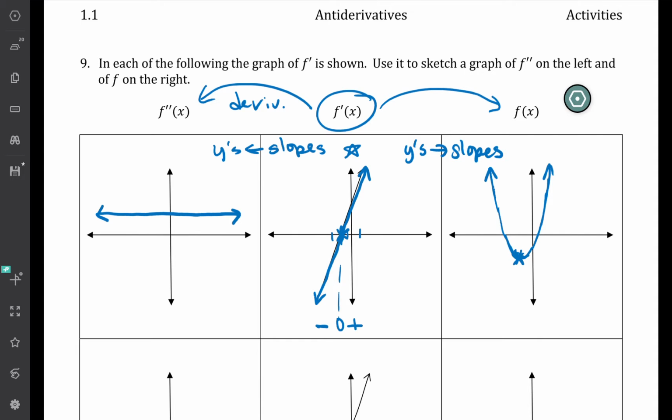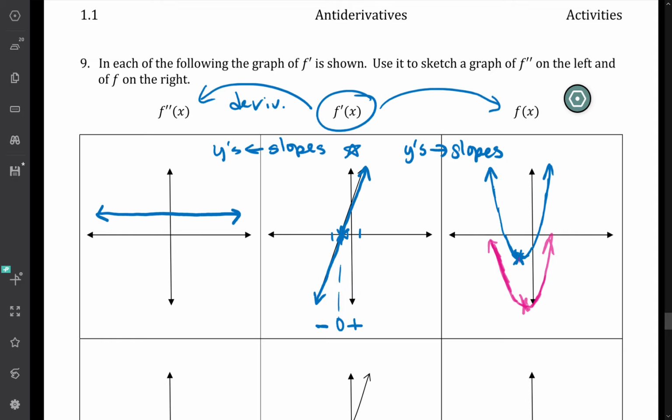One interesting thing to note here is I drew a graph, and it's a good one, but it's not the only possibility. I assumed that I started with a big positive y value, but maybe I should have been starting with a negative y value. In that case, our slopes would get less and less negative, and then they would become 0 at this exact same x value, and then they would become positive and just get more and more positive.